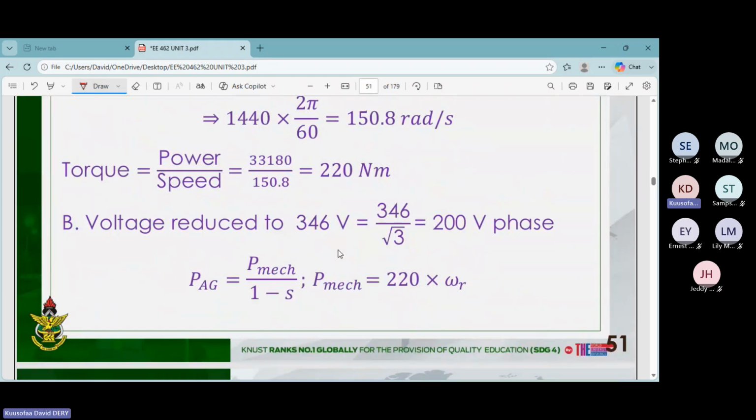So when we calculate the phase value, divide this by root 3 to get the phase value, right? And we know this formula already because we know that P mech is 1 minus S times PAG. So if you make PAG just that, you are going to obtain this. And the mechanical power, since we are told that the load requirements are still the same, is going to be equal to the torque multiplied by the speed.